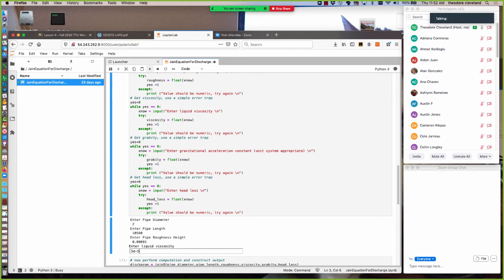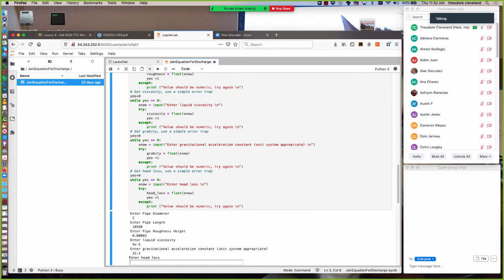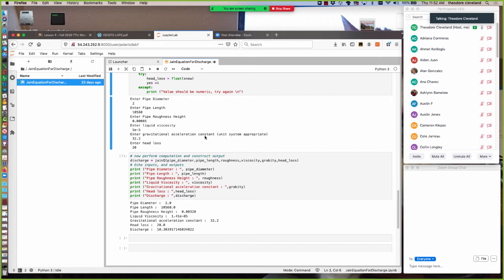Trying to do this from memory for kinematic viscosity. So we had 20 feet of head, and is it actually running? Oh, it didn't run.